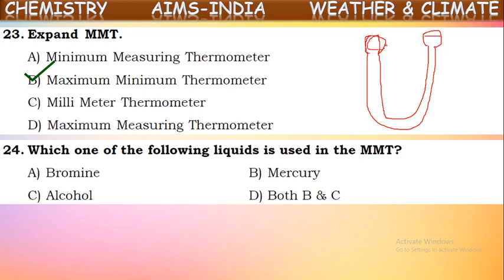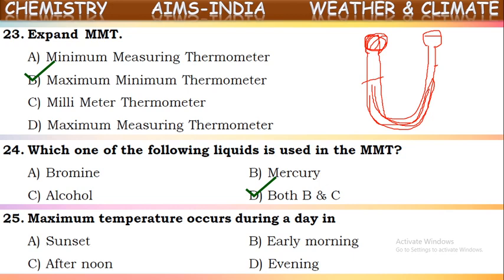Now this bulb is filled with alcohol, and here also some alcohol will be there. And at the bottom, mercury is filled. So here alcohol and here mercury. That way, two liquids are present in this thermometer, which is called maximum minimum thermometer. They are alcohol and mercury, two liquids. Okay, both mercury and alcohol.